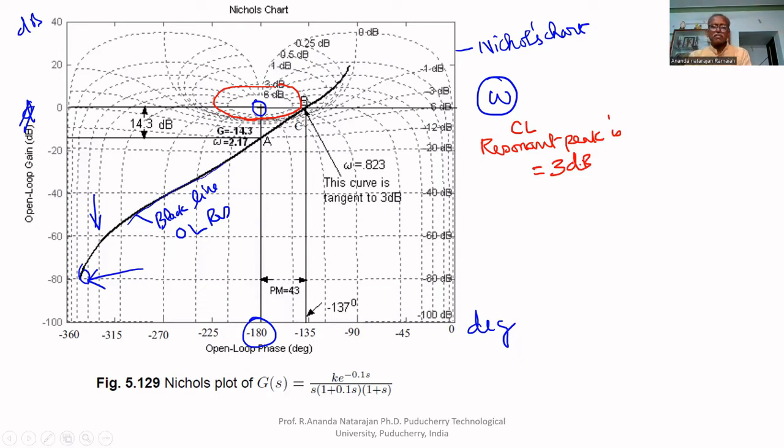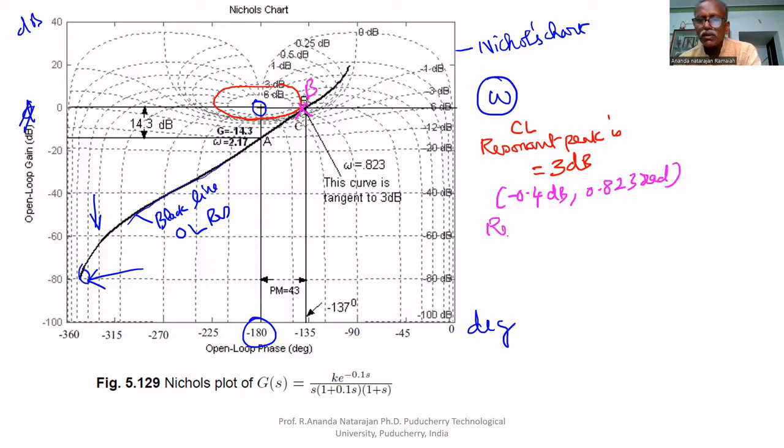The frequency at which this occurs, how to find that? We have to mark this point, the tangent point B. What is the coordinate for this point? The coordinate of this point is minus 0.4 dB, comma 0.823 radians.